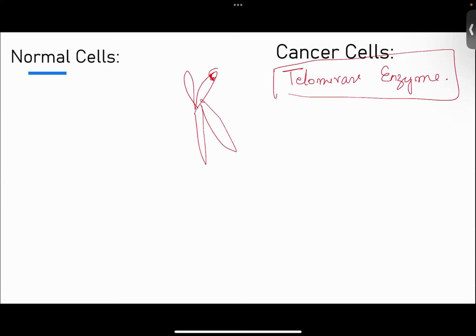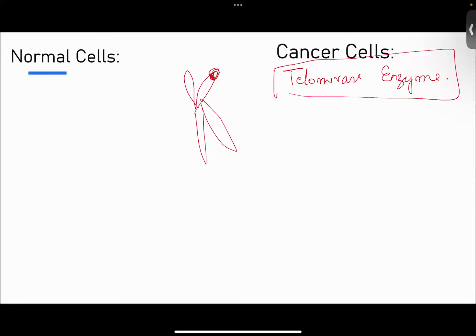With each cell division, the telomeres get shorter and shorter. As a person grows, his telomeres get shorter. This happens to everyone, it is a biological process. As a person gets old, the telomeres get shorter.